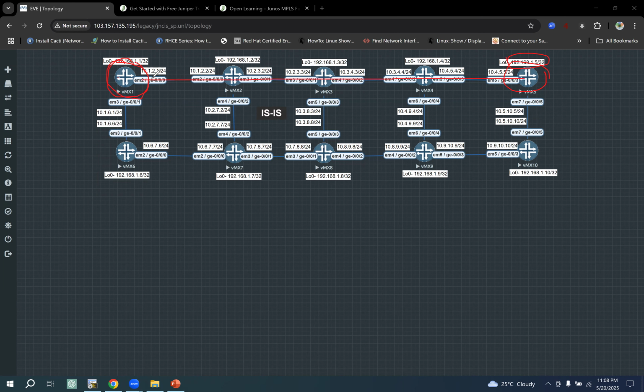Yes, correct, sir. This is the shortest path. If you consider this is 10, this is 10, this is 10, this is 10, the summation is what? 40. Yes, that's why you are seeing 40. Clear? Okay, sir, got it.